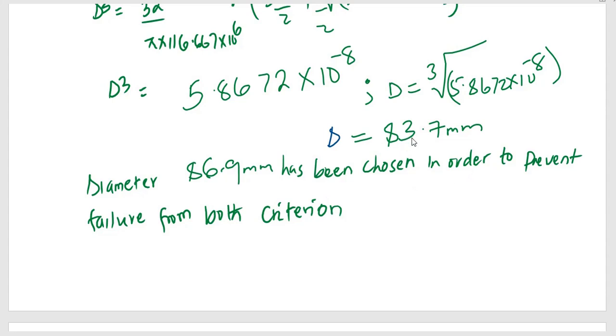Because if we take 83.7, then by the shear stress theory, the shaft will fail. But if we take 86.9, the shaft will be protected from the failure criteria of both maximum shear stress and maximum principal stress.